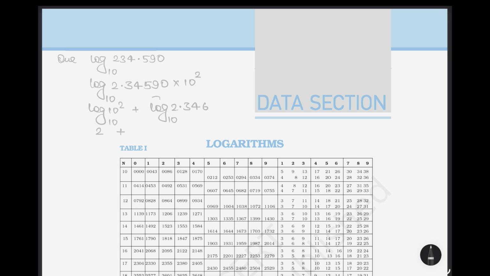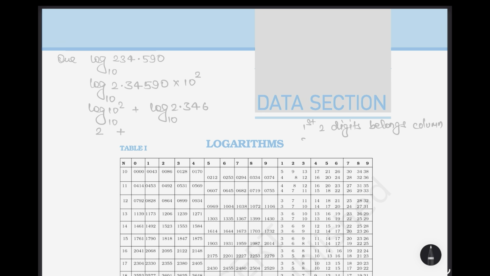Now we have to find the value of this thing. Focus on the first 2 digits; they belong to the column. Like this is the column I'm talking about. So the first 2 digits are done.